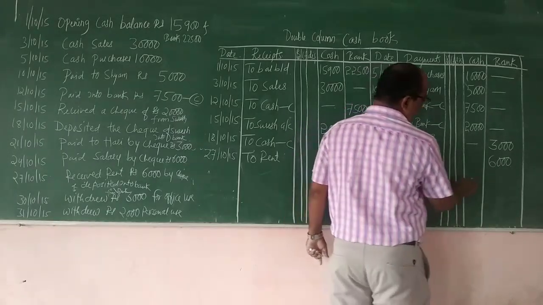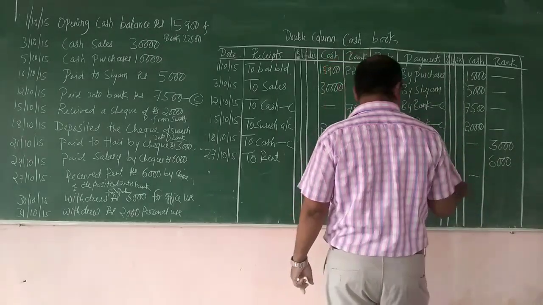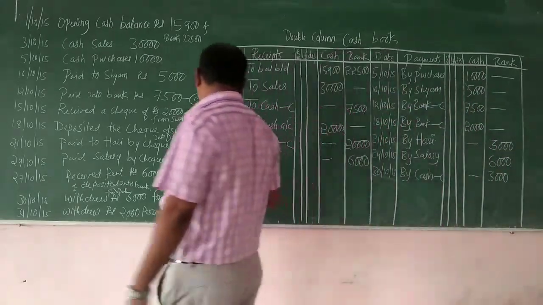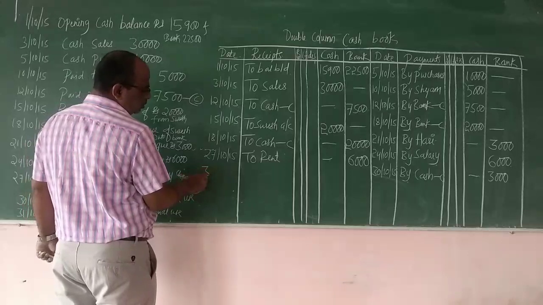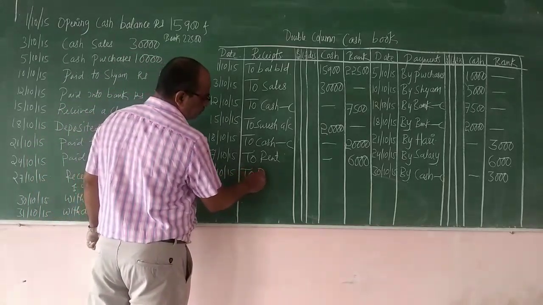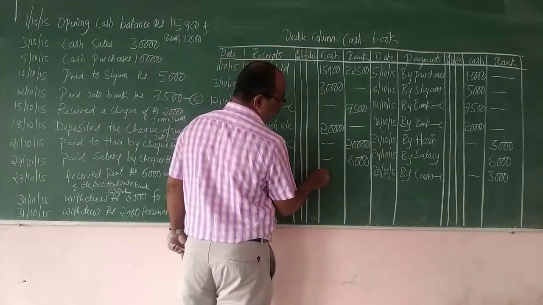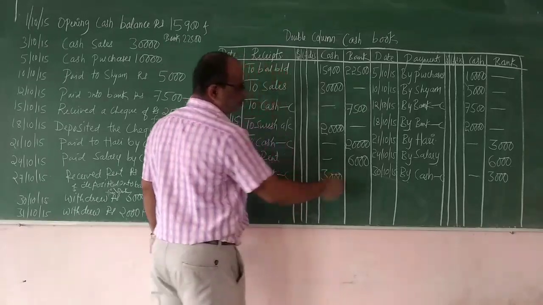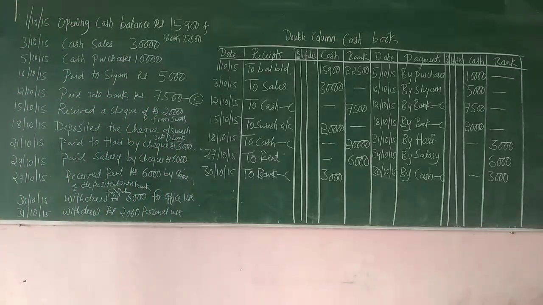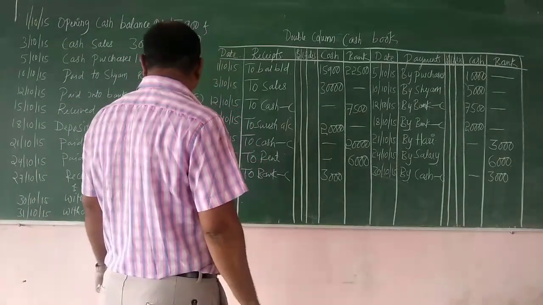So by cash in the bank column, you will show on the payment side rupees 3,000, and in the double column cash book on the receipt side you will show to bank. How much in the cash column? Rupees 3,000. This money you have withdrawn for the office use. You will use it afterwards, but you have withdrawn this money for office use.